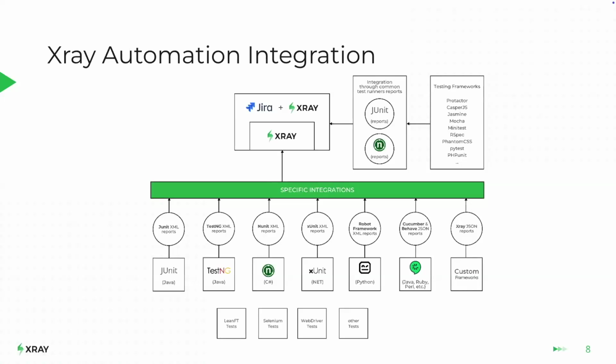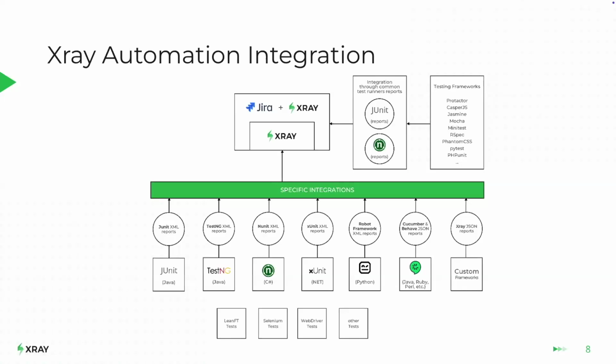If you have a custom framework and you are producing your own custom reports, it may be worthwhile to invest in creating an Xray JSON report, because it will allow you to add extra information when you are ingesting those automation results back.